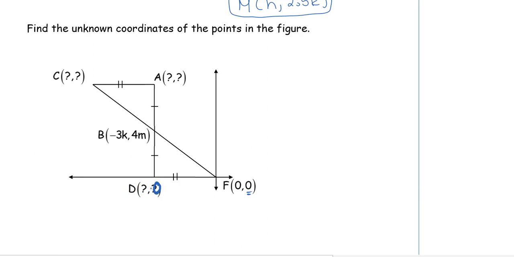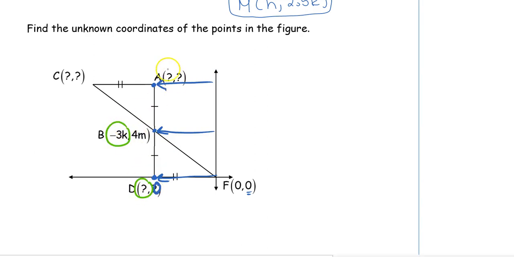If I look at my other points, any point along this vertical line is the same distance left. So see, all of these require me to move this far left, which means all three of these points are going to have the same x value.